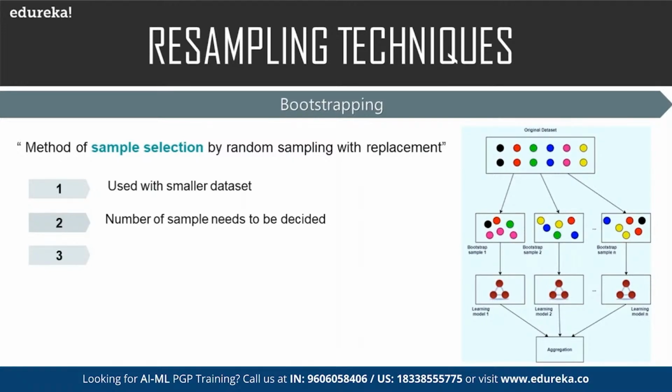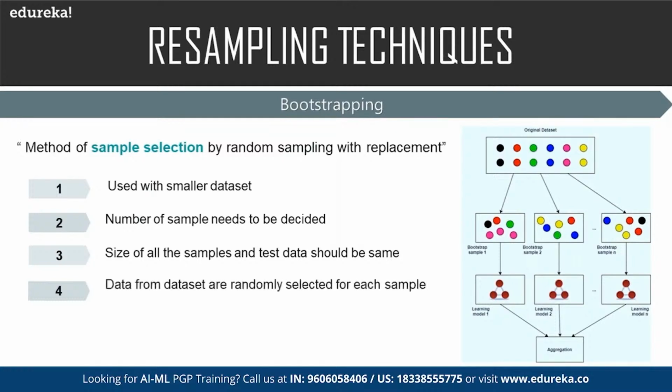The number of samples needed can also be decided with the help of this. The size of all samples and test data should be the same when we opt for the bootstrapping technique. Data from the data sets are randomly selected, as I have just told you. For each sample we resample, and then finally we aggregate everything.